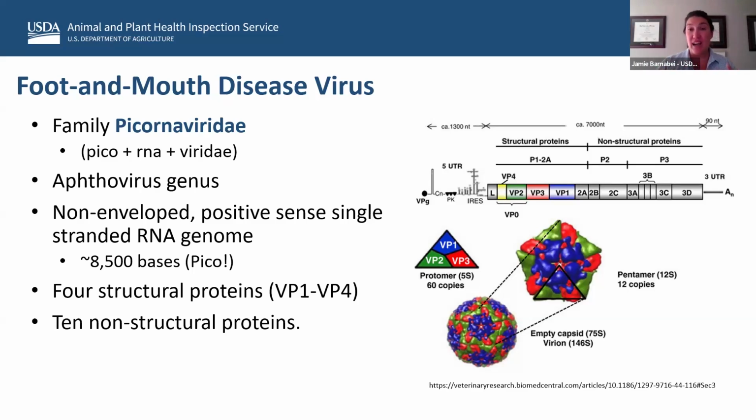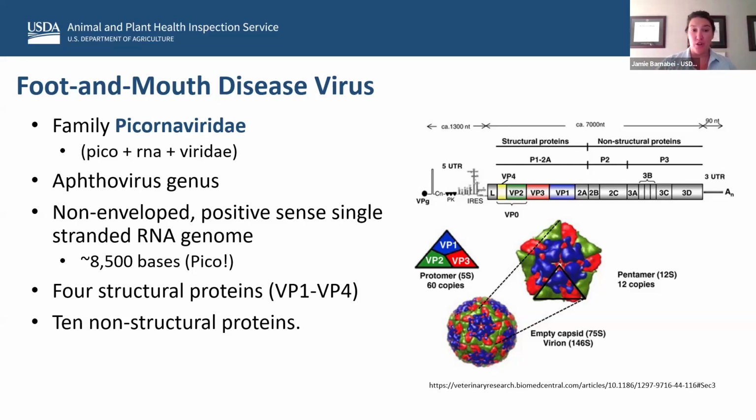This is a really, really tiny virus. You can see here, we've got about 8,500 bases, really tiny. If you think about something like African swine fever, you're looking at something closer to probably 190,000 bases. So foot and mouth disease truly is an itty bitty tiny baby virus, but has a lot of diversity associated with it.